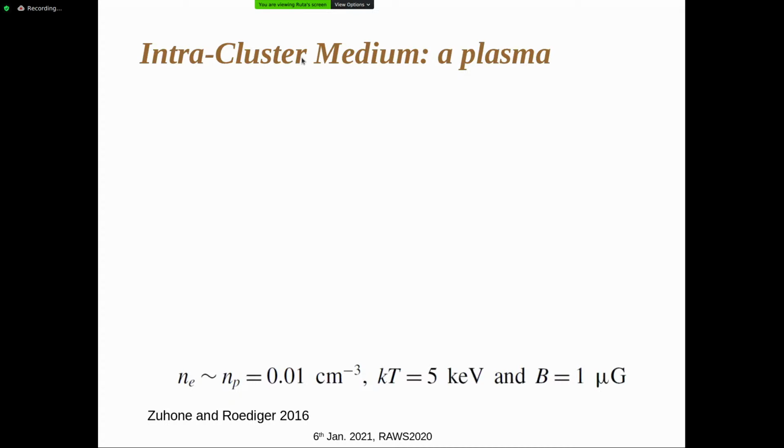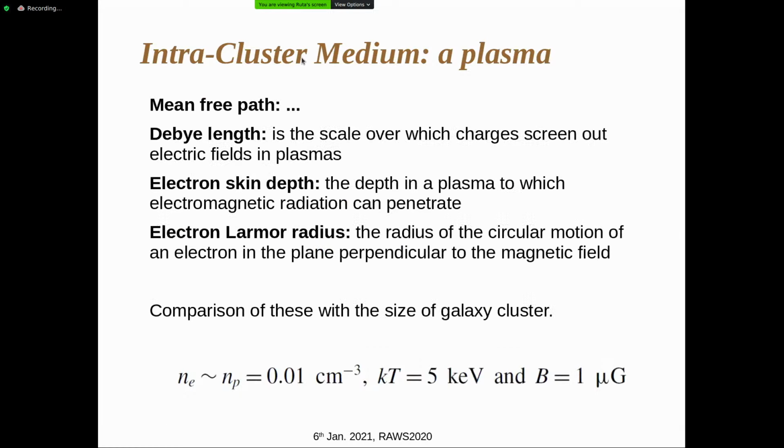Of course, Kelvin is the unit of temperature, but what people often refer to in astronomy is kT expressed in units of keV. Let's say that is a typical galaxy cluster of a few keV and a microgauss magnetic field. So one can check the different properties, like the mean free path of the charged particles in the plasma.